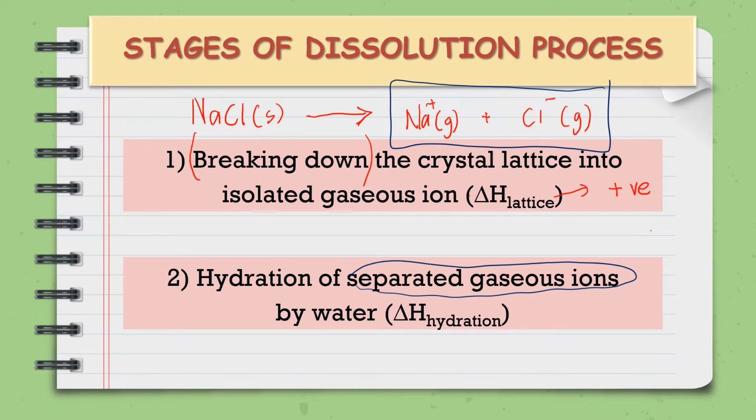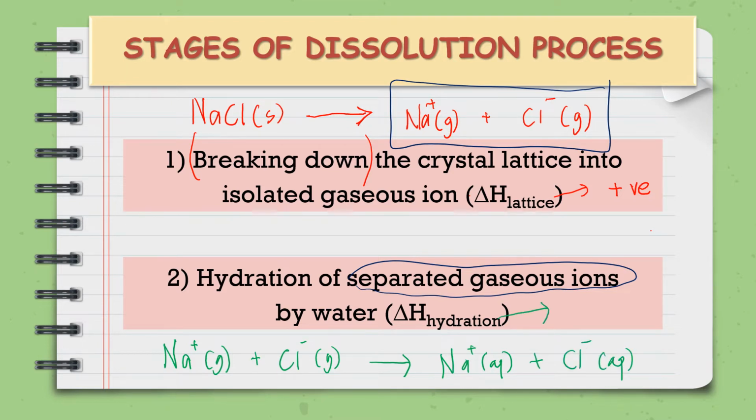Okay, so the second part, the hydration, we want to change from a gaseous state to an aqueous state. So Na plus gas plus Cl minus gas become Na plus aqueous and Cl minus aqueous. This process will release heat, so our delta H will become negative. Why does it release heat?